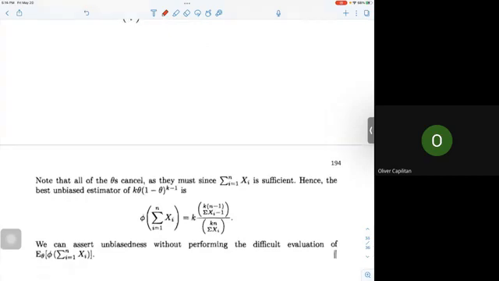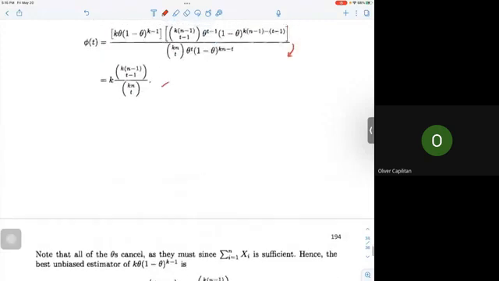It must not, because the summation of x sub i is a sufficient statistic. Kasi alam natin na sufficient statistic contains all the information about our unknown parameter theta. So nandun na lahat, kaya yung mga theta natin will cancel.